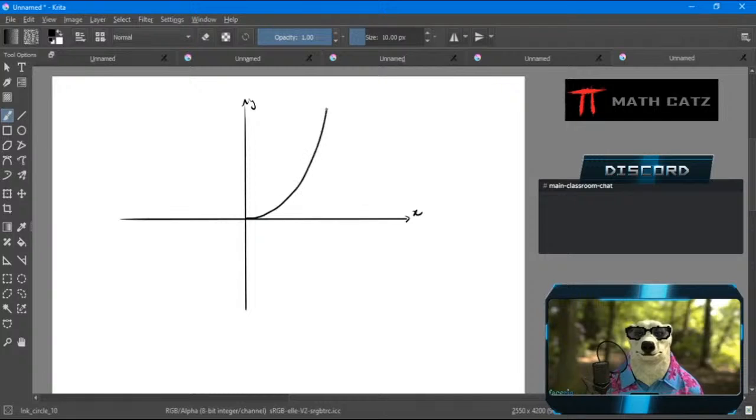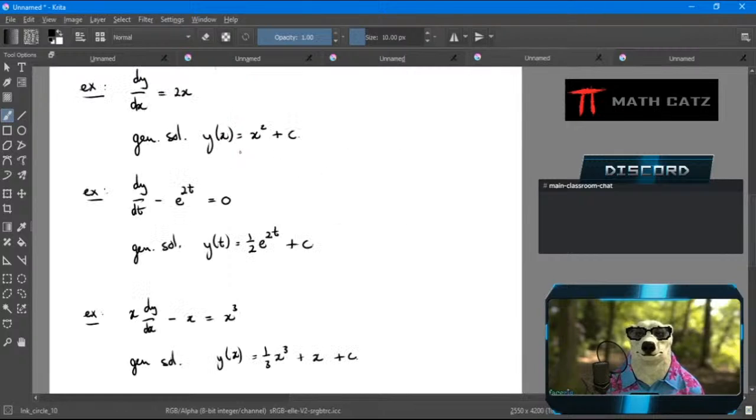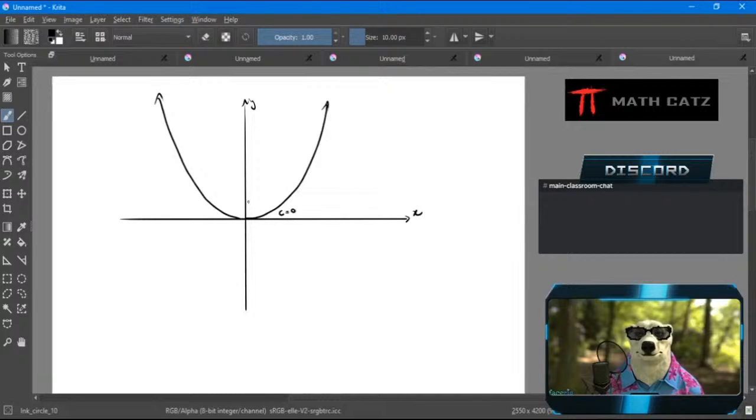Is it the parabola that sits at 0? So for this one, c is equal to 0 because c is the vertical shift. Are you looking for this one? Which has c equal to 1, let's say. Are you looking for this one?